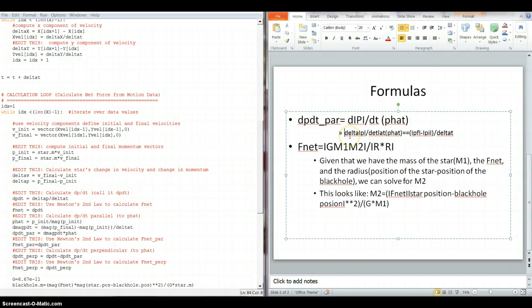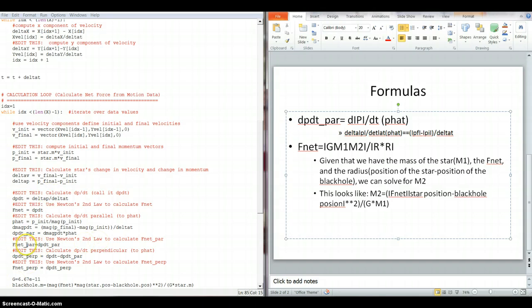This can be broken down into simpler solutions, finding that eventually we get to the magnitude of P final minus the magnitude of P initial divided by delta T, which is shown here in this formula. dP dt parallel is equal to the magnitude times the direction, which is also shown in the formula that we learned in class.